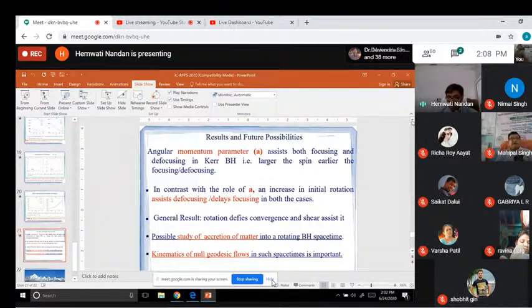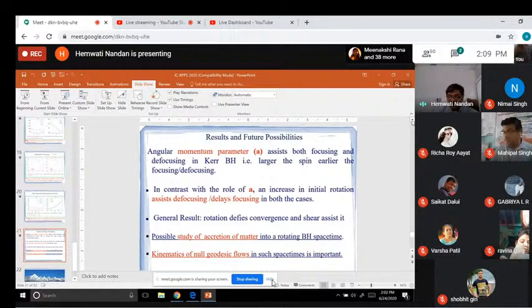In contrast with the role of A, an increase in the initial rotation always assists defocusing, and it delays the focusing in both the cases. So a very general result, applicable to any space-time background, we believe that the rotation always defies the convergence and shear always tries to assist it, right?